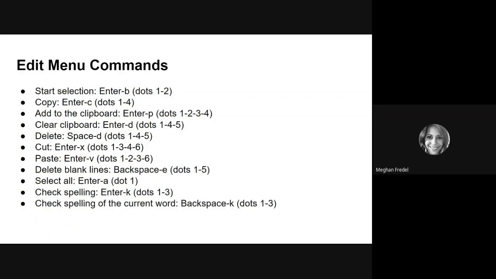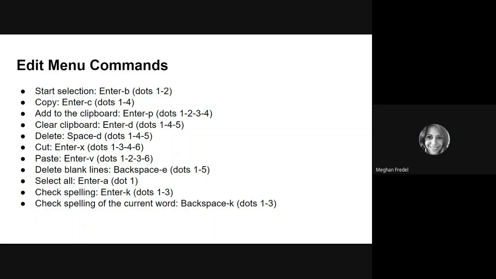The second menu is the edit menu. And these commands are here to help you, just as it sounds, edit or make changes or corrections to the document you're working in. A big part of editing is selecting. And in our next video, I will demonstrate how to select text, but that is one of the commands within this menu.